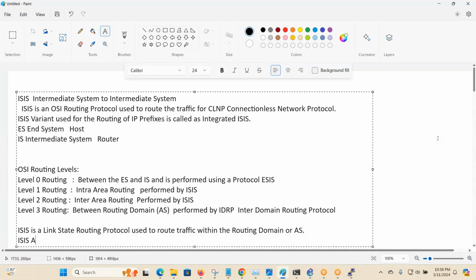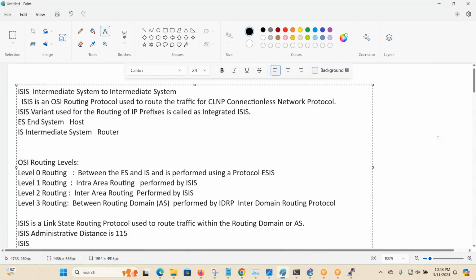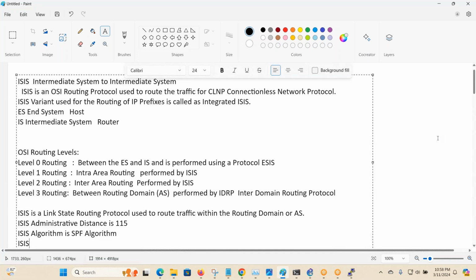ISIS administrative distance is 115. ISIS algorithm is the SPF algorithm, shortest path first algorithm. ISIS metric is cost.